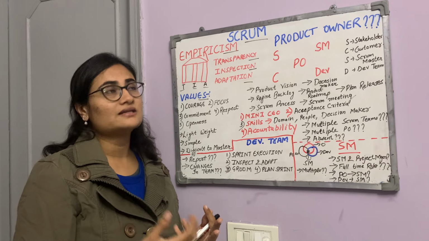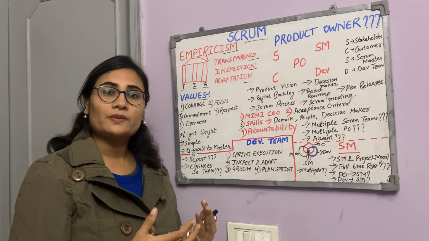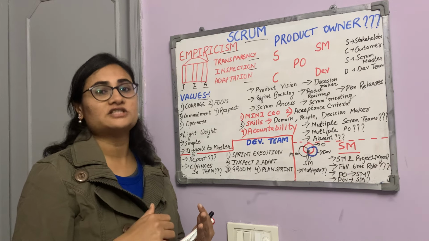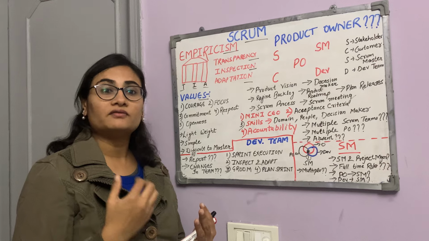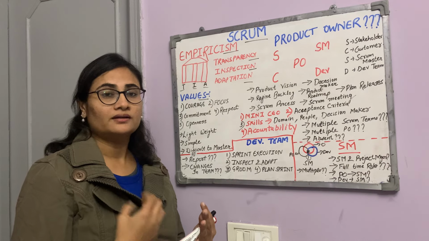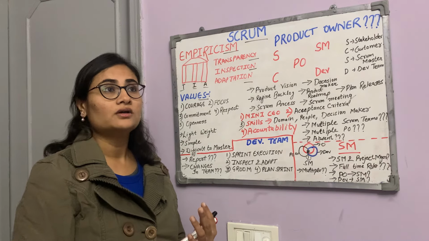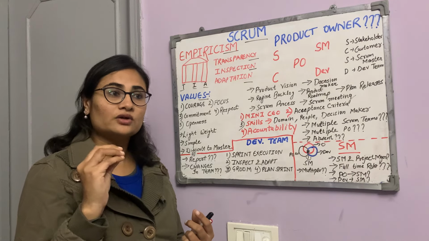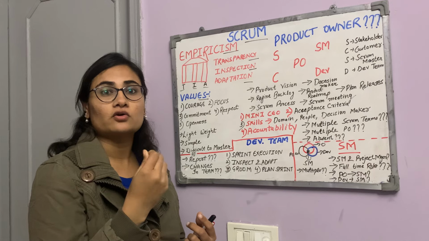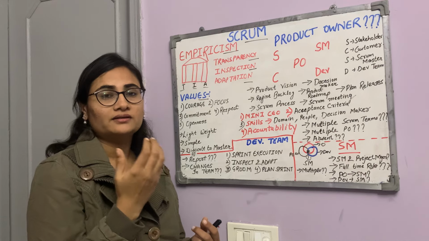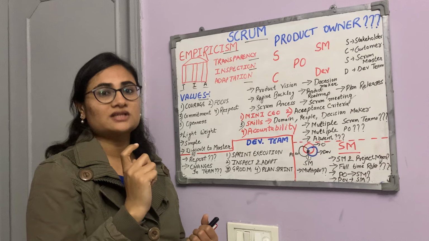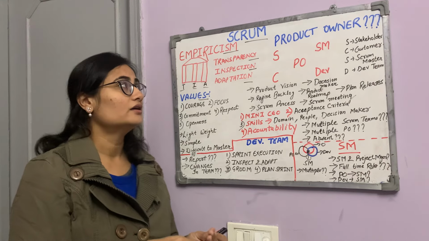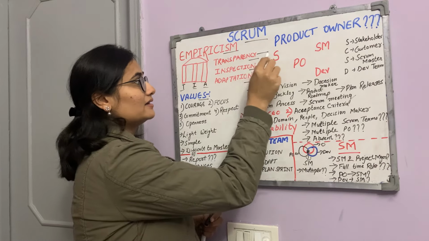Then there will be a retrospective meeting where the team will sit and retrospect on the work they have done, and they will take feedback on the areas which they need to improve. So they should always maintain this transparency. Even if you are documenting your retrospective meeting minutes, you should always document all those areas which are identified as your improvement areas. So this is what transparency says.